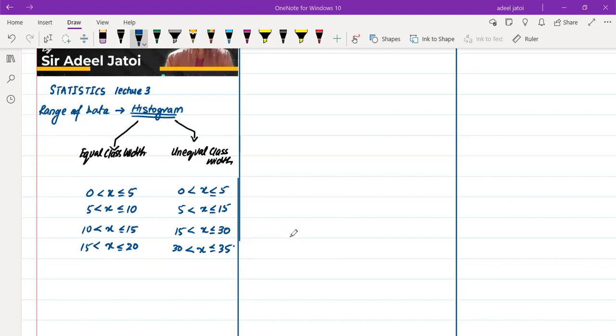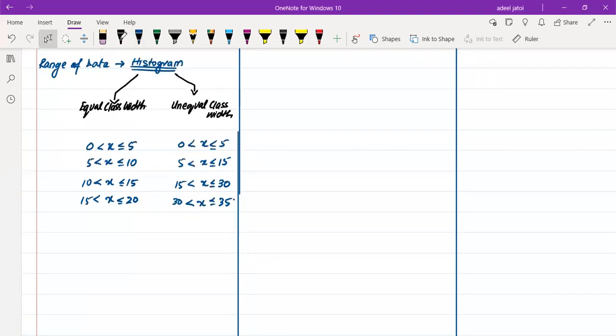Now, when we have equal class width, your histogram will be constructed with the help of the frequency that will be given in the question.